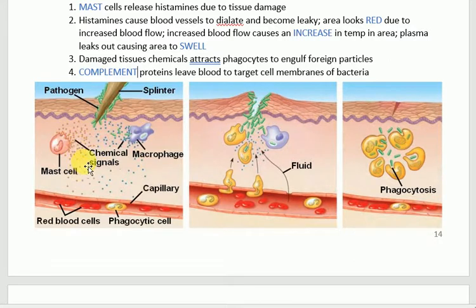And then the histamines, you can see here, this is a regular blood cell, and after those are released, look how much bigger that blood cell got, right? So it's actually going to cause the blood vessels to dilate, and that area to start to look red, etc. And then you can see phagocytosis is happening here. They are killing all the cells out.